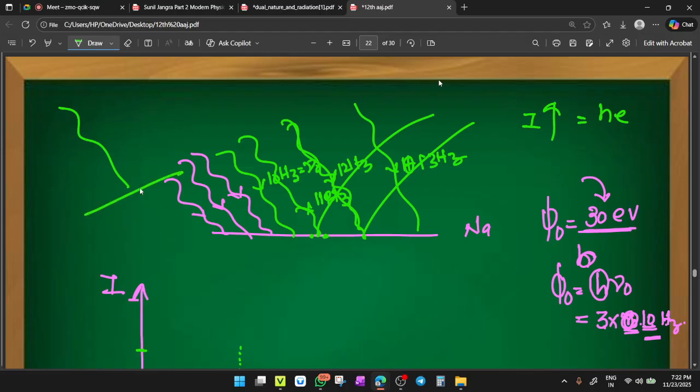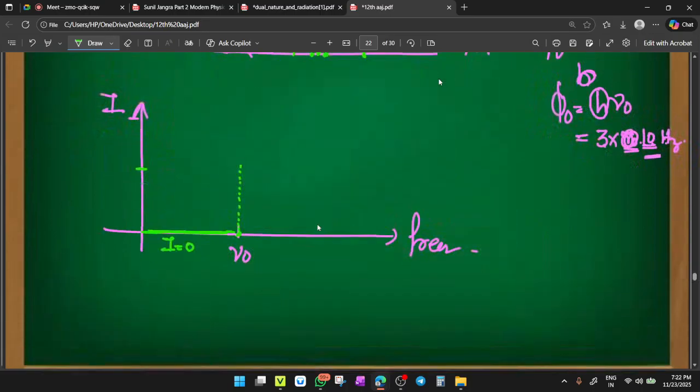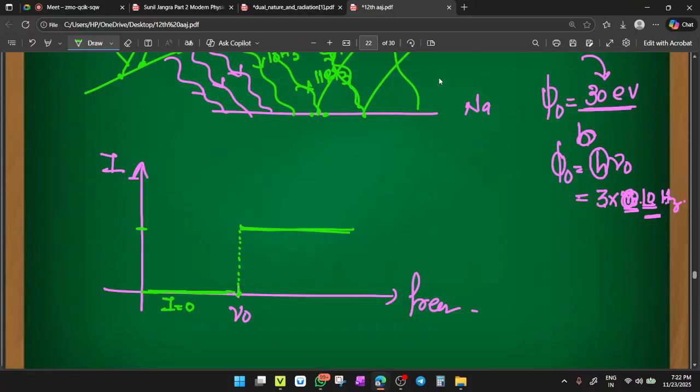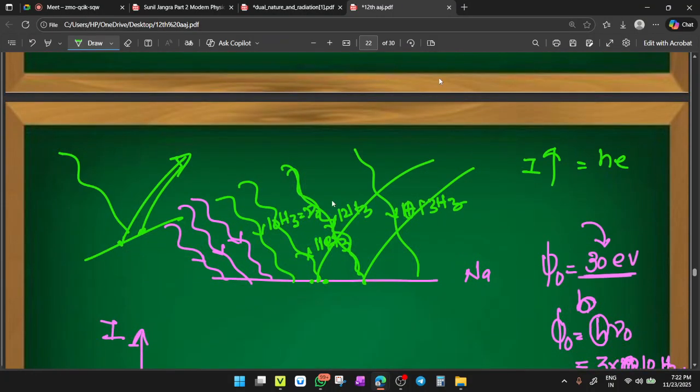One radiation cannot eject two electrons, so there is no chance to increase the current. Current will remain the same. It doesn't matter whether you incident 12 hertz or 1000 hertz. The rest of the energy will be provided as kinetic energy to the ejected electron.